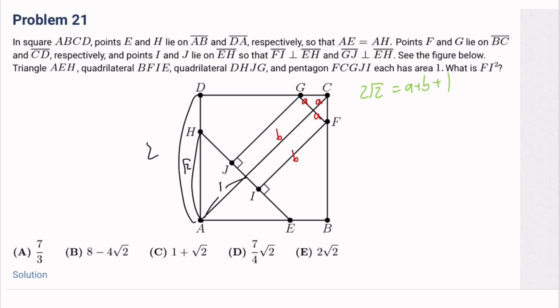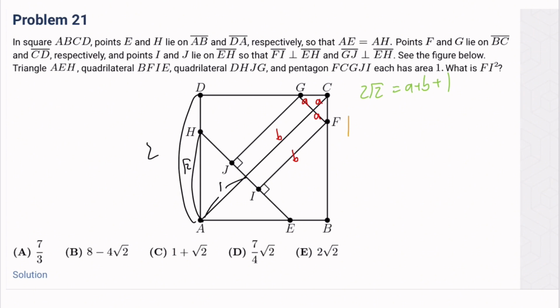Then we can get one more thing, and that is we can use the fact that this area is 1. This area is this rectangle plus the triangle CGF.